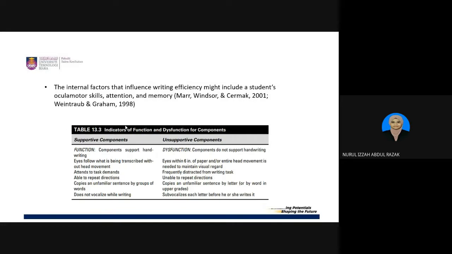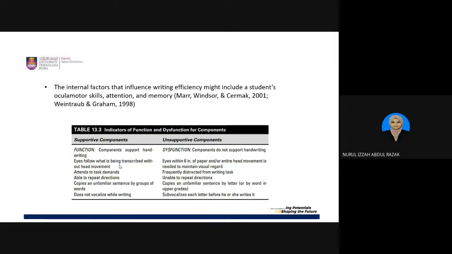Okay, these are other internal factors that can influence a child's performance in writing skills. The components that support handwriting include the eyes following what is being transcribed with head movement, the ability to attend to task demands, and the ability to repeat direction.